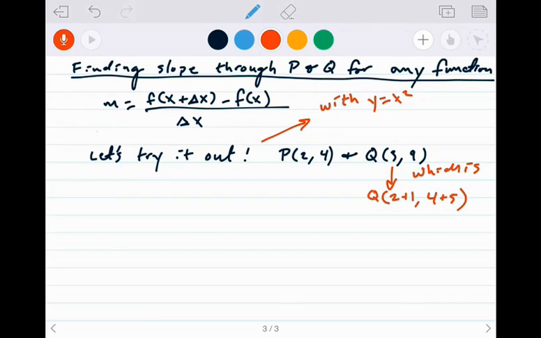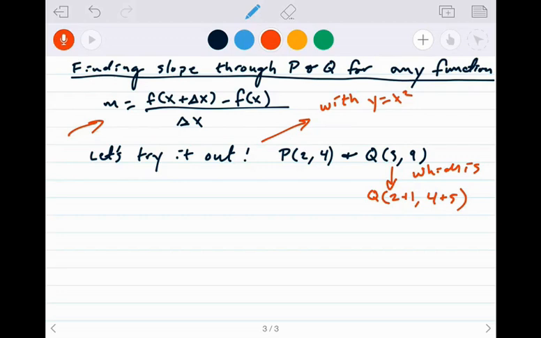So we just derived this expression here. The slope is equal to this weird convoluted thing, f of x plus delta x minus f of x, all over delta x. Let's see what this means. Let's think back to the original function and idea we started with at the beginning of this video.